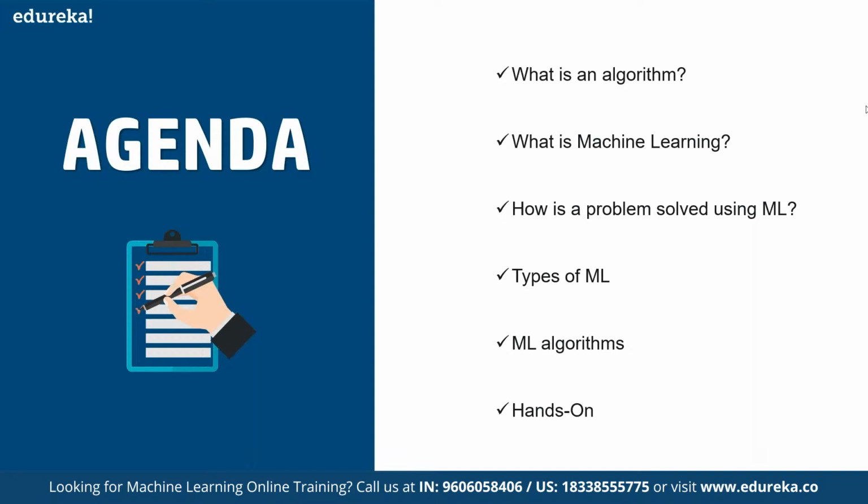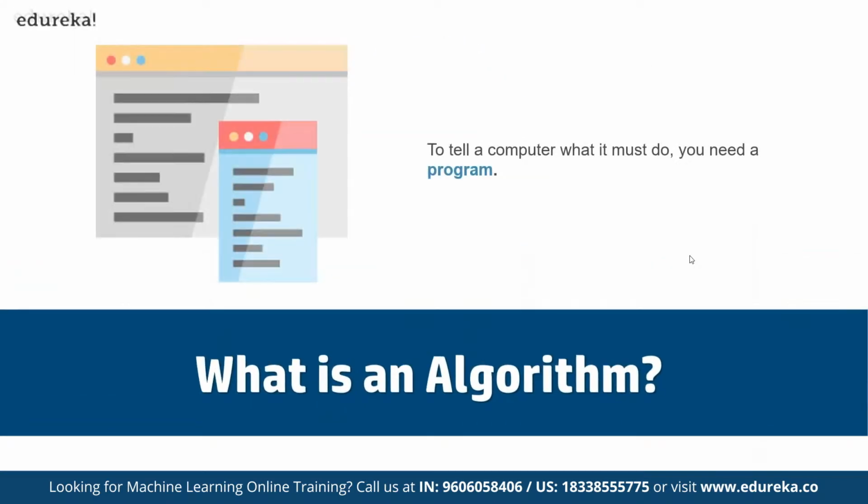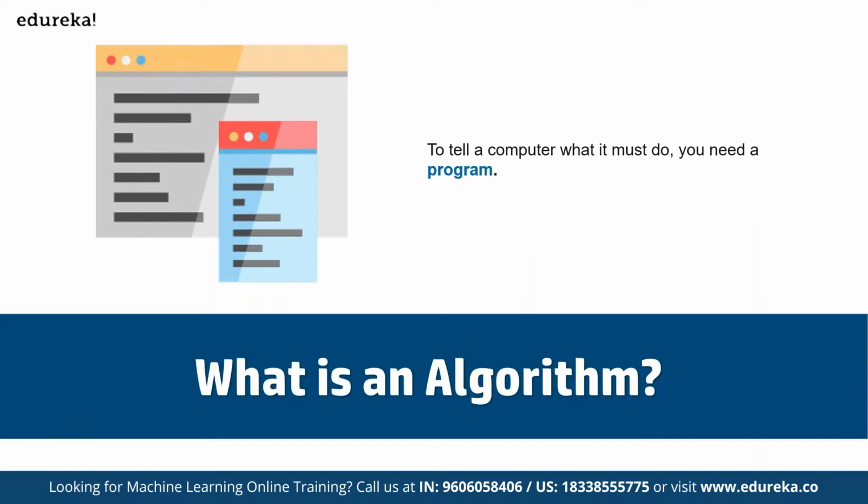So first of all, let's understand what exactly an algorithm is. In simple layman terms, it's simply a predefined sequence of steps that is used to complete a given task. For example, this is what you may have studied back in 6th or 7th grade.